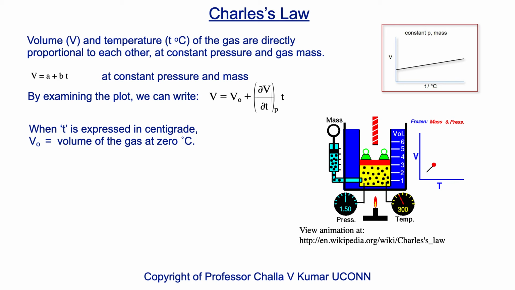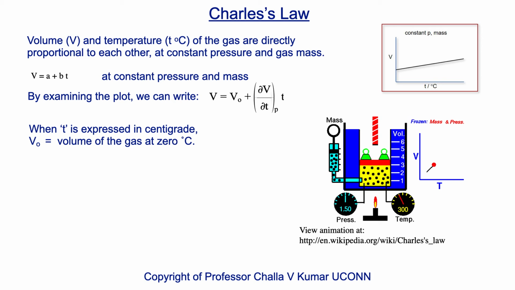Now we keep the mass constant, and we also keep the pressure constant. So the piston would apply the same amount of pressure onto the gas sample, say open to the atmospheric pressure or any other desired pressure, and so the pressure gauge should read the same.